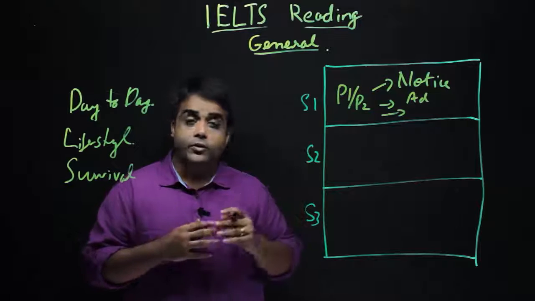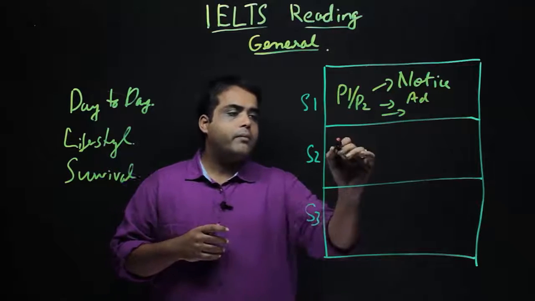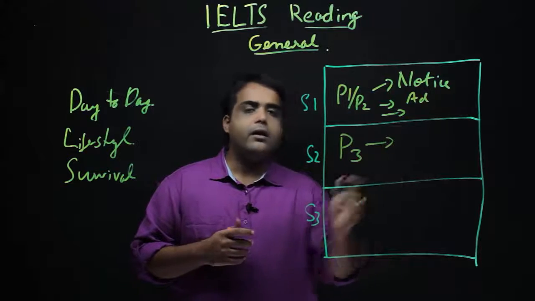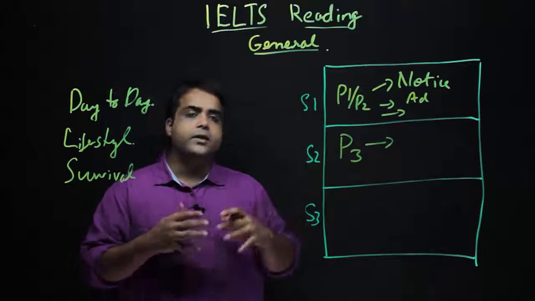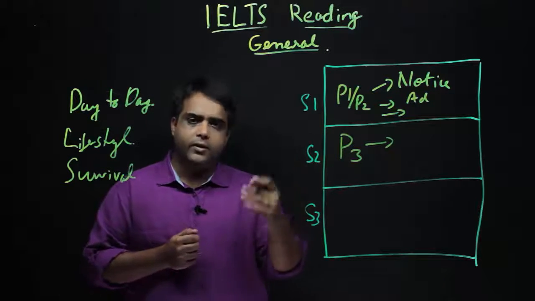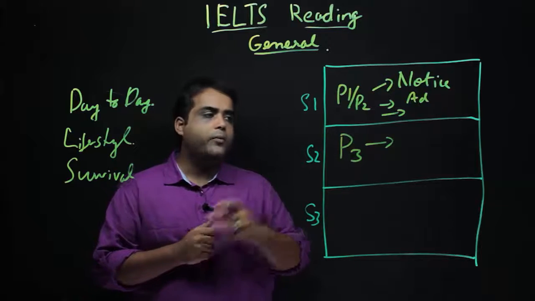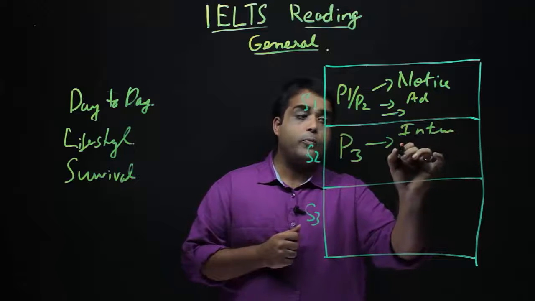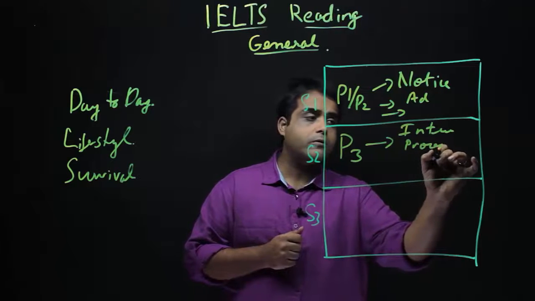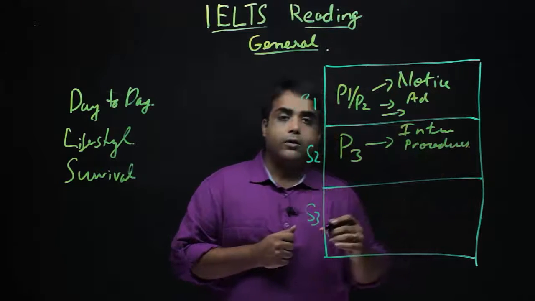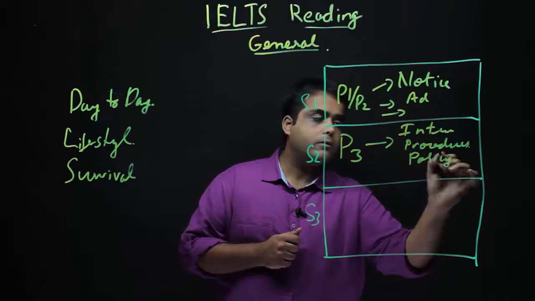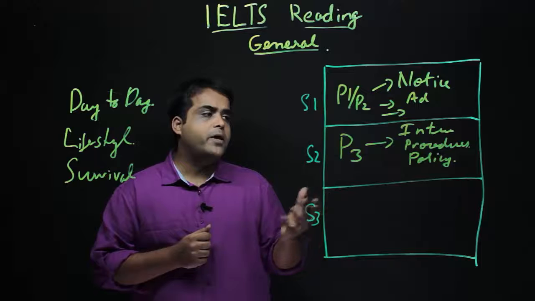All right, passage 3 is a little lengthier than passages 1 and 2, and this will probably have instructions or procedures, or this could be a policy document. What do you mean by instructions?